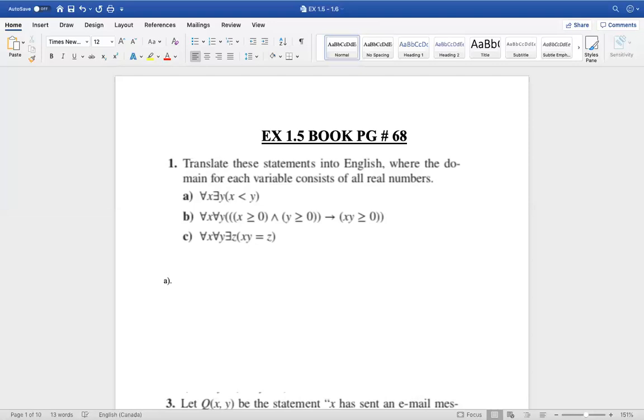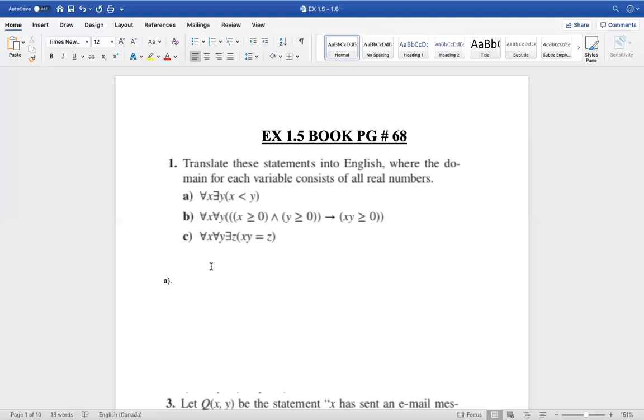For question number one, what we have to do is translate these into English statements. Here, the reversed A, the upside down A, basically means for all, and the reversed E means there exists, and of course there are different ways of saying it.